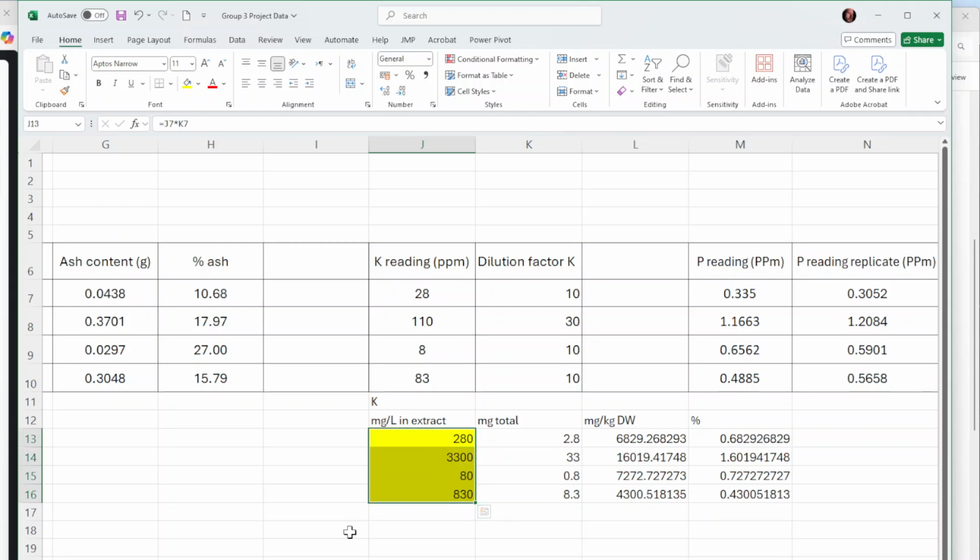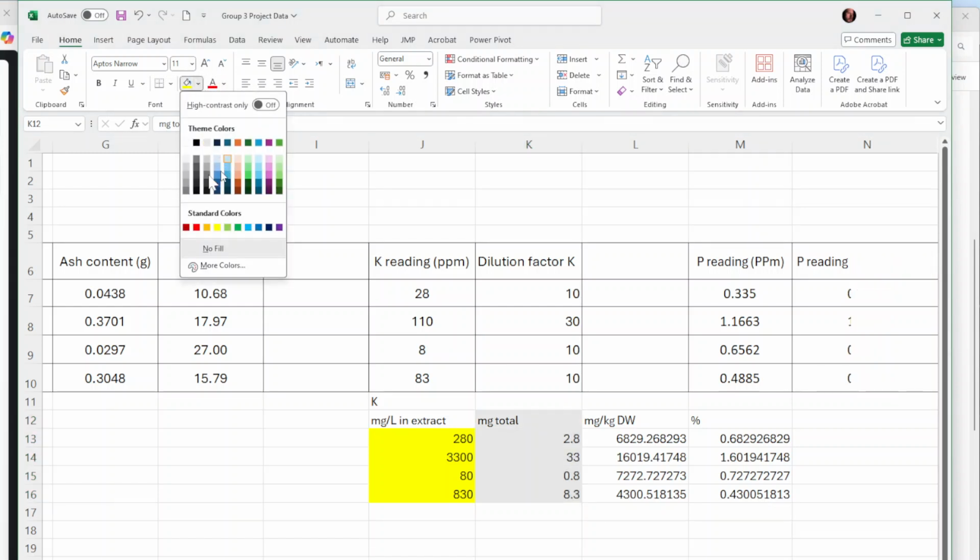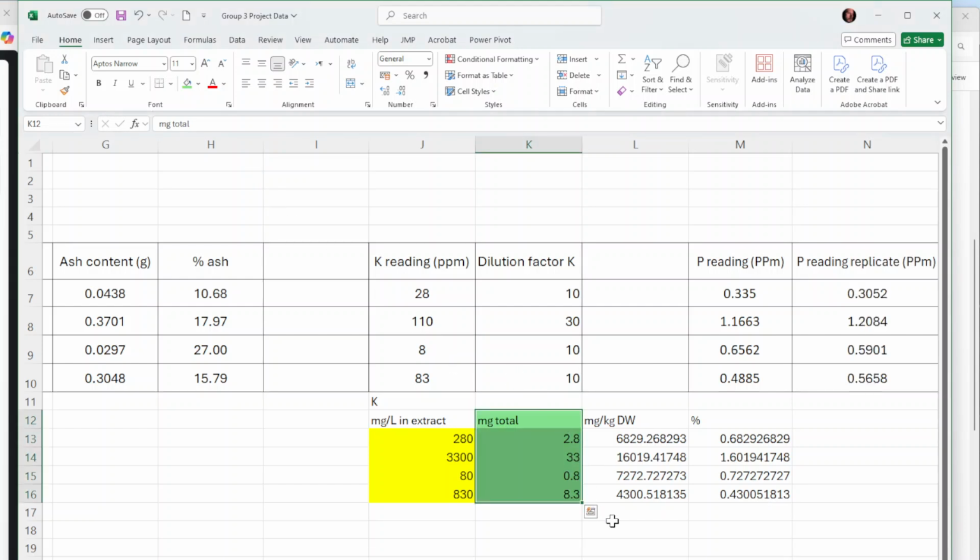Now the next calculation is, what is the total milligrams? I have this concentration, and I need to multiply now by the volume, because this is milligrams per liter. If I multiply by the amount of liters, the liters will cancel each other.